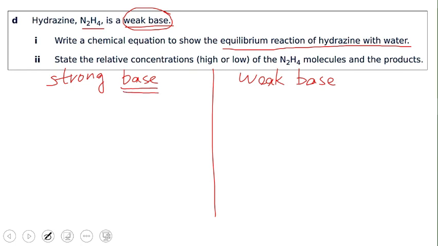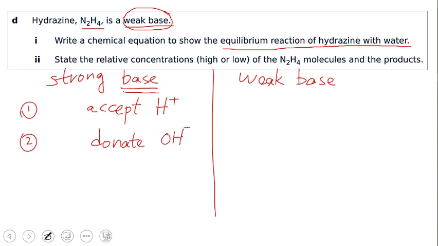Number one, base can accept H positive. Number two, base can donate OH negative. So base can have both properties. Some bases have the first property, they accept H positive. Some bases have the second property, they donate OH negative.